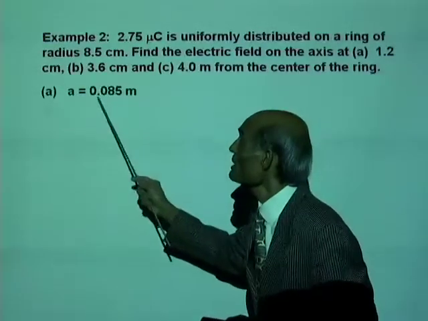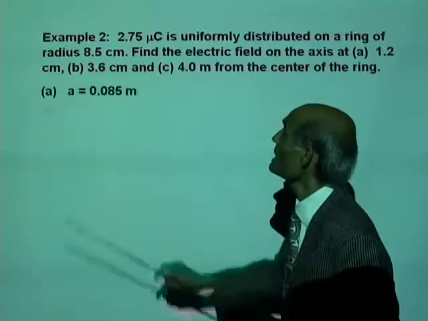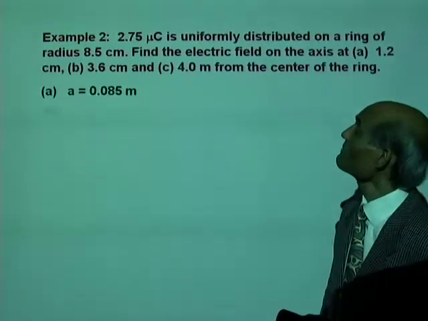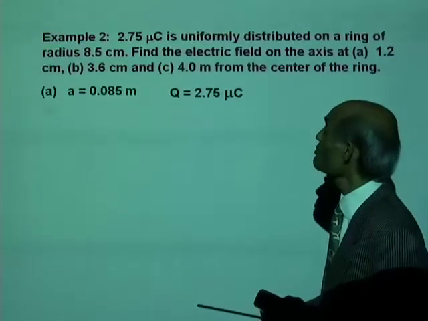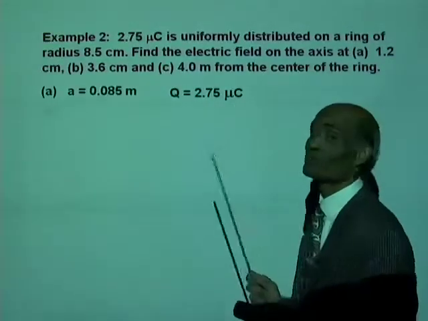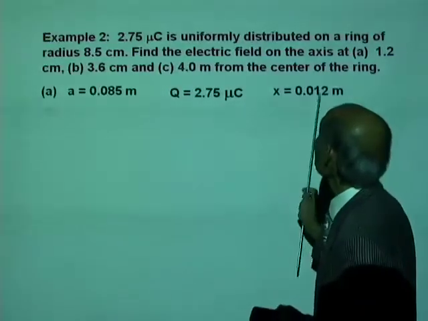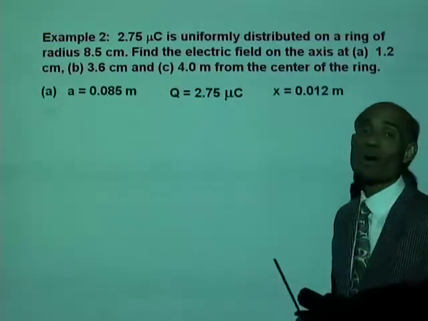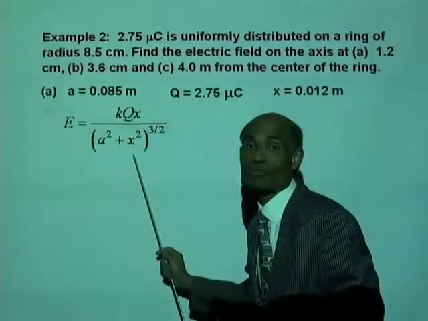Well, we know the radius is given, which is 8.5 centimeter, 0.085 meter. The charge carried by the ring is 2.75 microcoulomb. And in A, x equal to 0.012 meter. Well, we will use the exact formula for that.